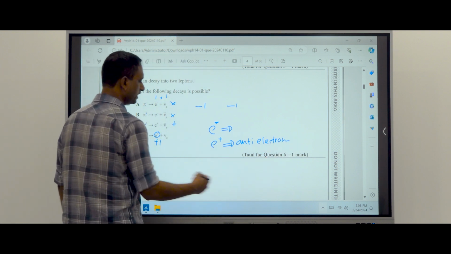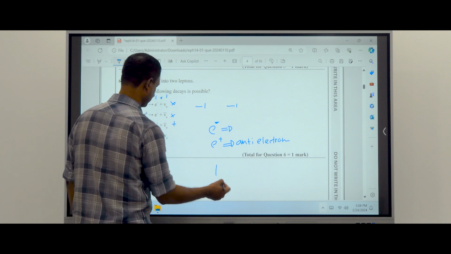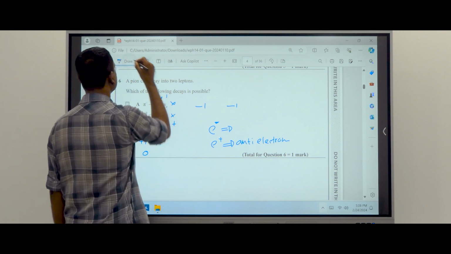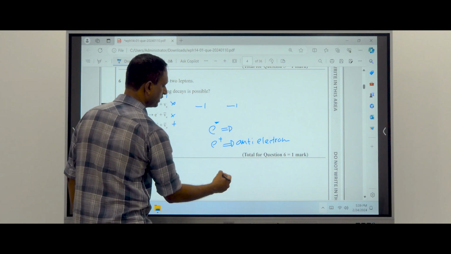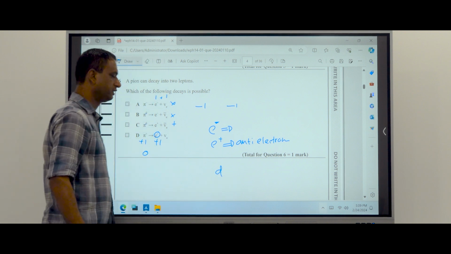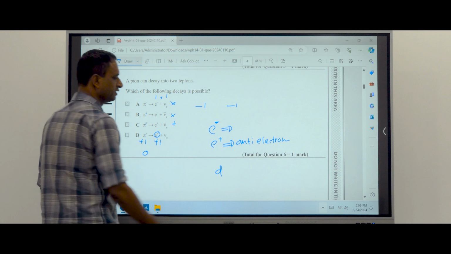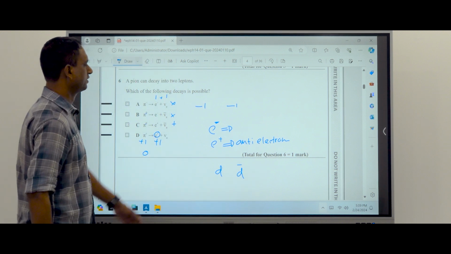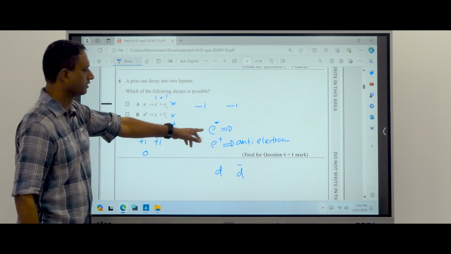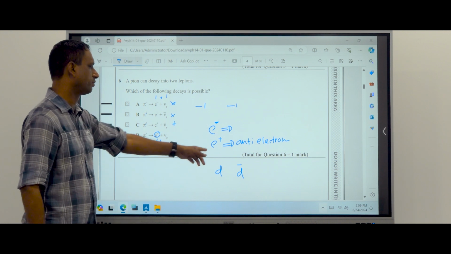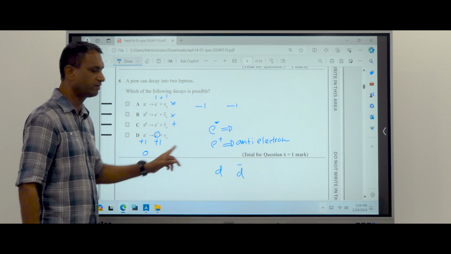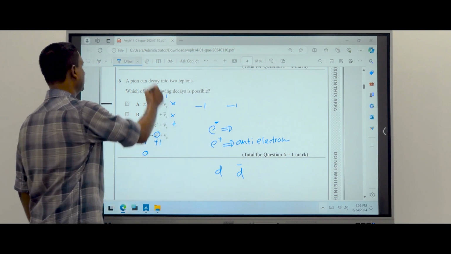Usually for other particles, for down quark, d is the original one, d bar is the anti one. But for electrons it is different. e minus is the original one, e plus is the anti-particle.